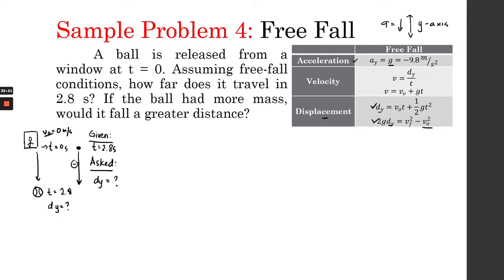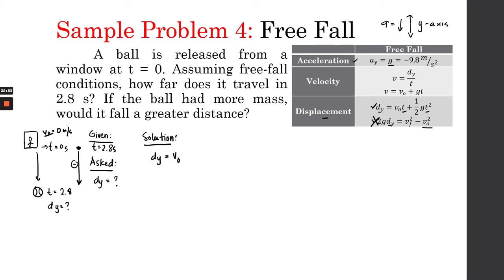They also gave us the time, which clarifies more that we cannot use the second part, because in the second part we do not have time. But for the first part, they gave us the time.